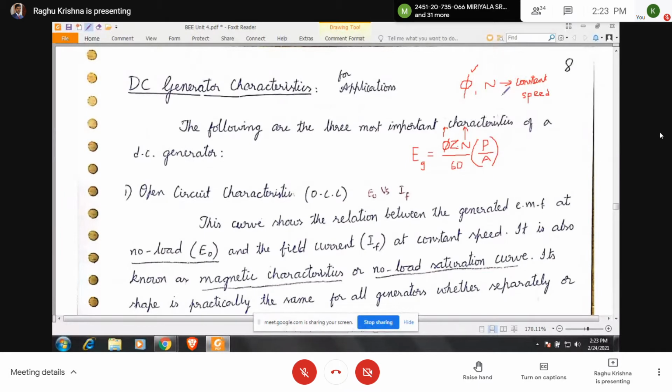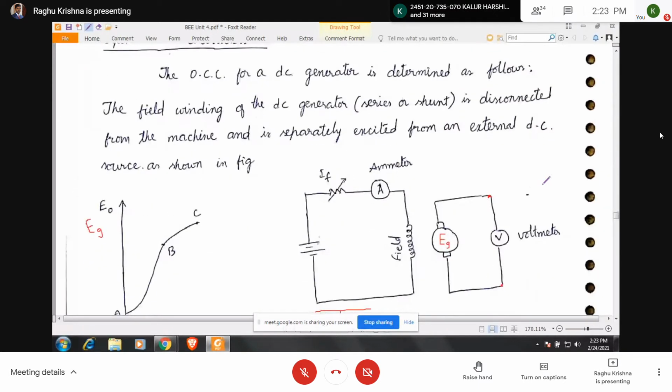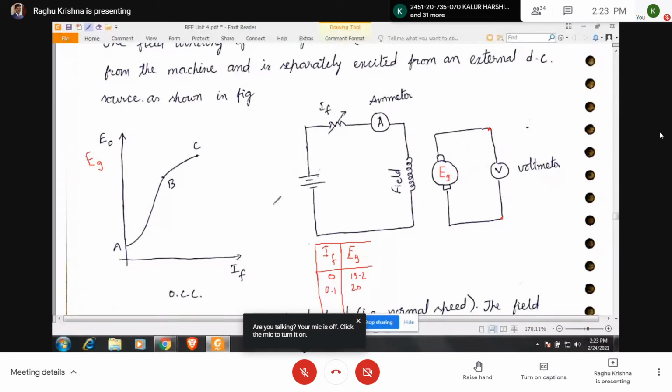Next, here Eg will be proportional to flux, which is proportional to IF. Even if IF equals 0, we are going to get some flux due to residual flux. Afterwards, Eg increases linearly with IF, as you know Eg equals ΦZNP by 60A.